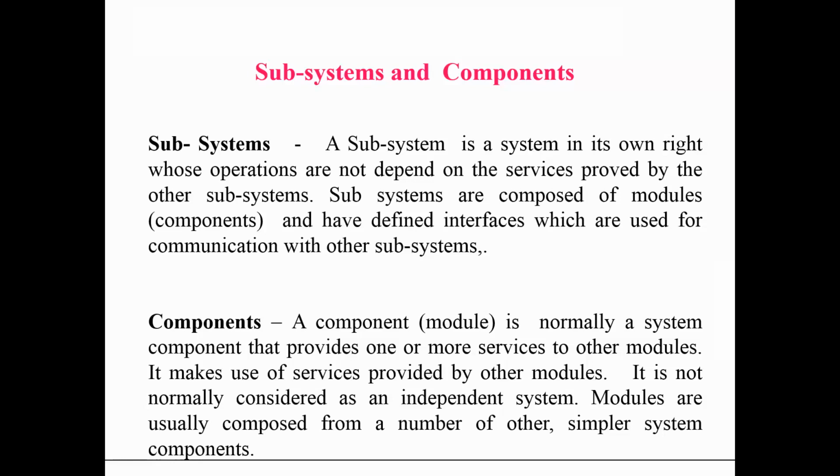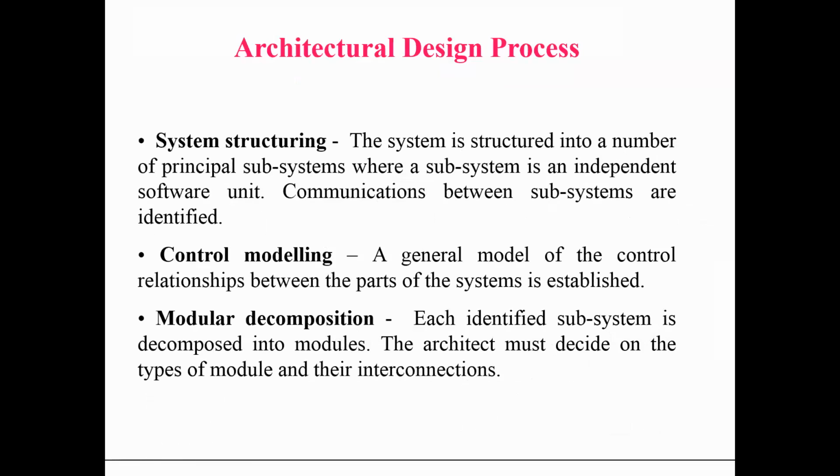All operations do not depend on the service provided by the other subsystem. So a subsystem is like a set of modules. So you can identify the interfaces which communicate with other subsystems. Then what is a component? It is a module. Normally the system component provides one or more services to the other modules, and services provided by other modules can be obtained. It is an independent system, so it can provide service to a number of other simple systems.